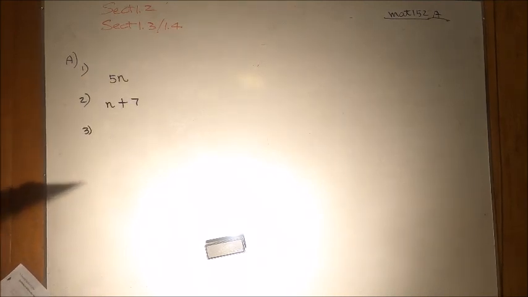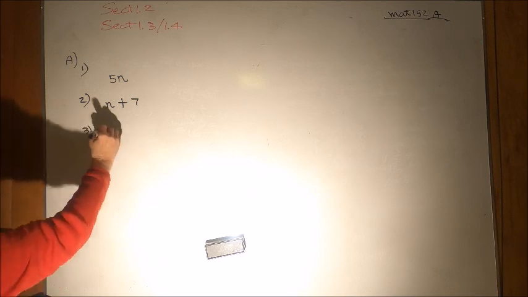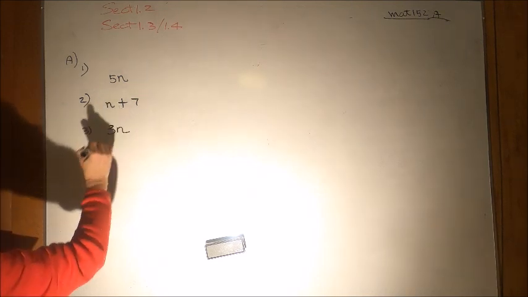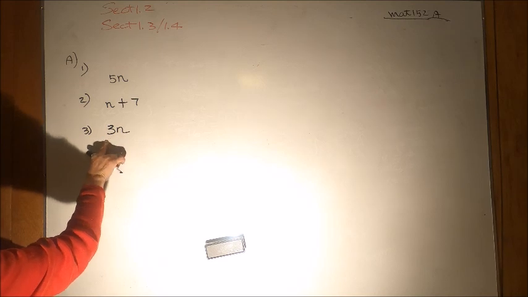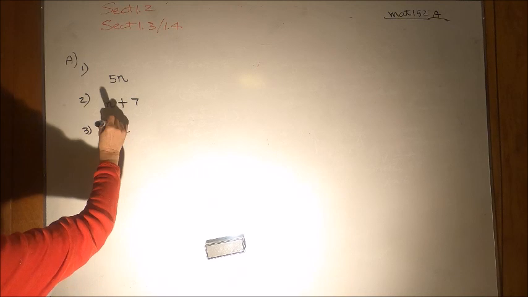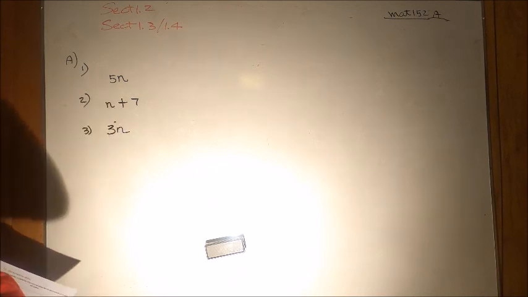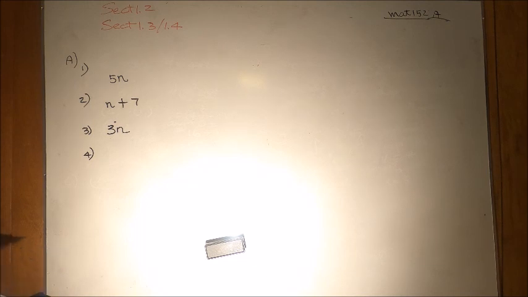Third one, it says 3 times a number. Times means what? A multiplication. So 3 times a number. So if you have two symbols put together without anything in between, it means what? Multiplication. Okay? Next one, a number subtract from 8.